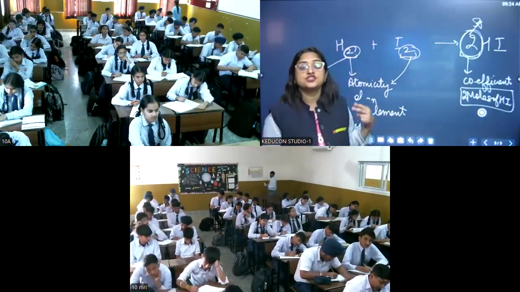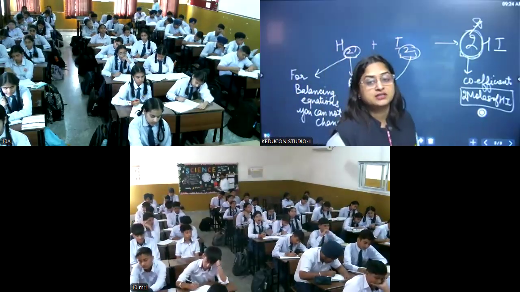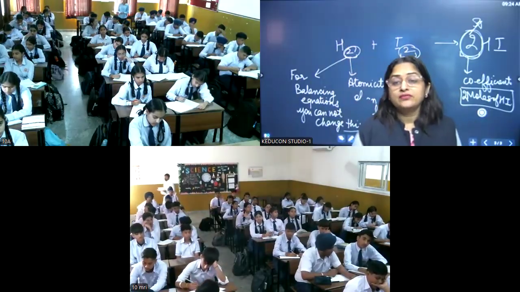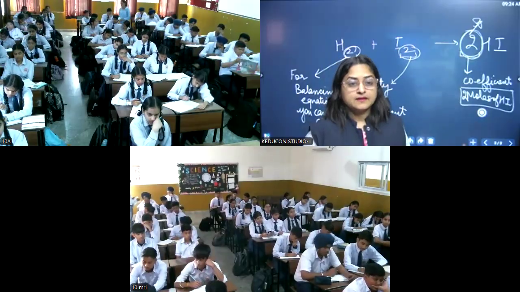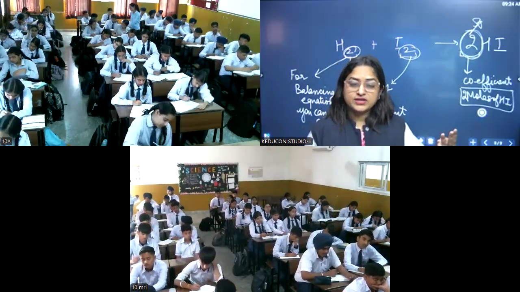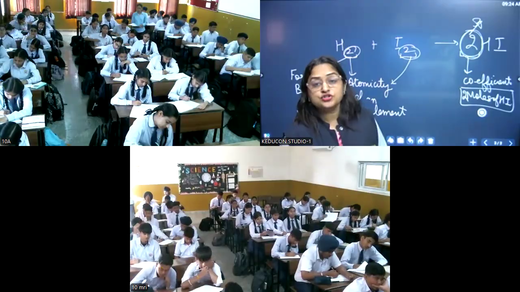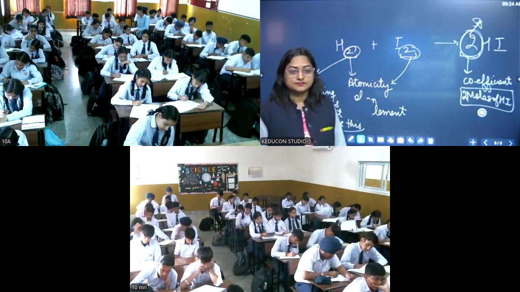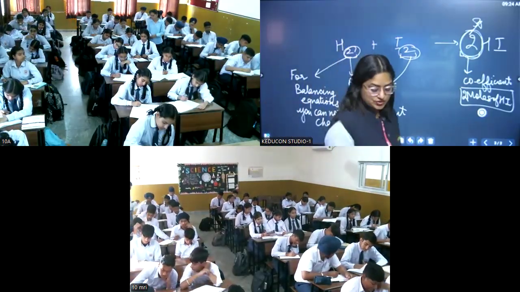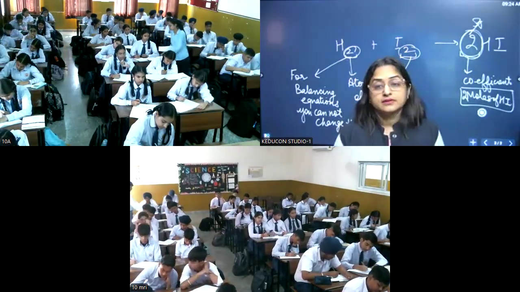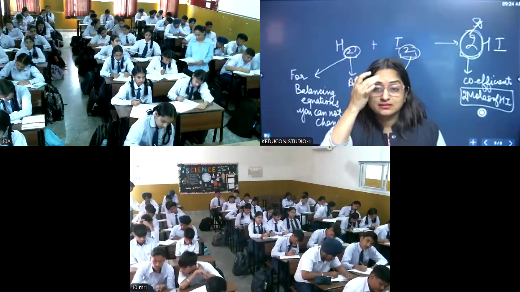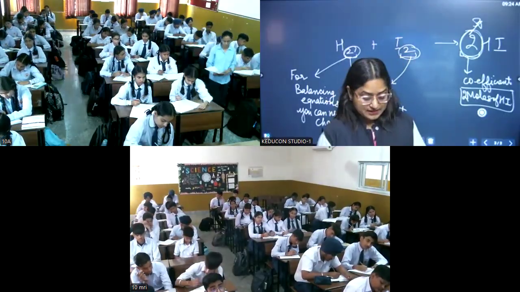So if there is a change in color during the reaction, that shows that a chemical reaction has taken place. Third observation, point 3, write down: evolution of gas. If a gas is released, this indicates that a chemical reaction has taken place.